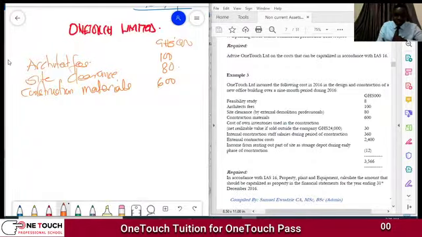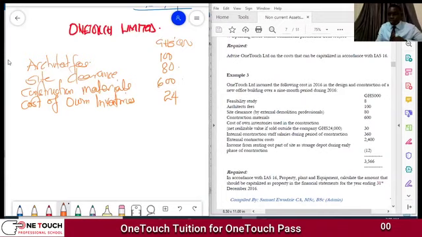So here, the cost of own inventories becomes 24, because 24 is lower than the cost of 30. And we know that inventory should be valued at the lower of cost and the net realizable value.